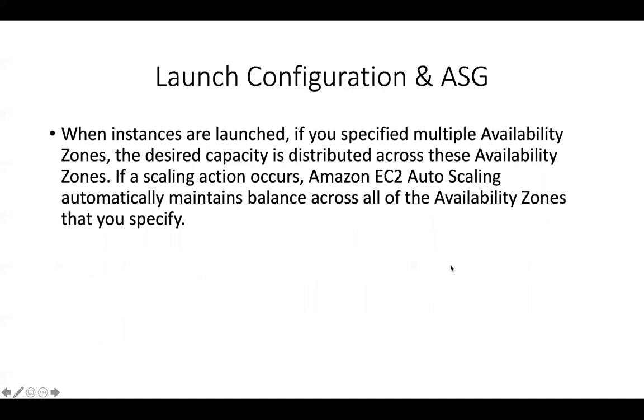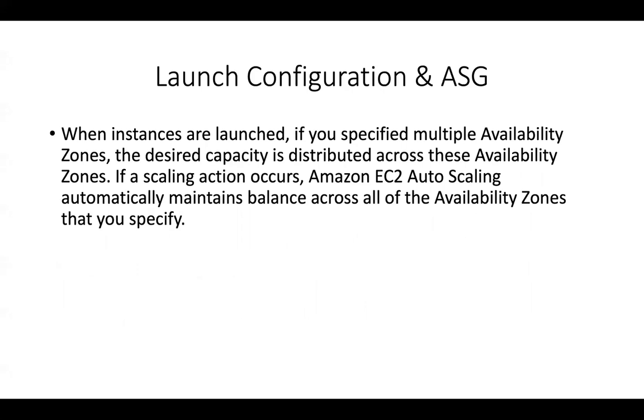So now if suppose when the instances are launched and you specify multiple availability zones, the desired capacity, if suppose it's given as 2, will by default be distributed across both of the availability zones. And even if a scaling action occurs where the auto scaling group is going to launch any new EC2 instances, by default it's going to try to balance it across multiple availability zones. So auto scaling group in conjunction with load balancer enables you for high availability within a region.